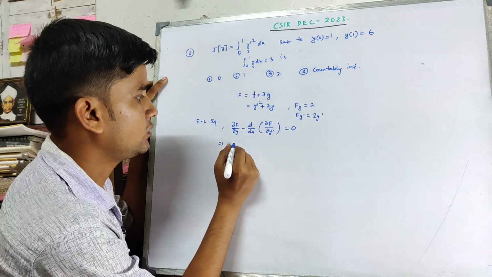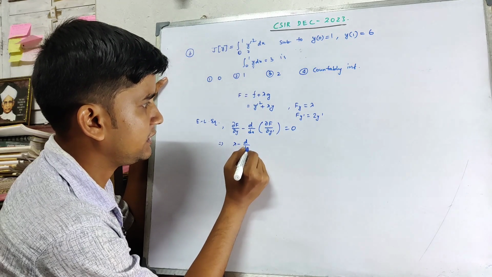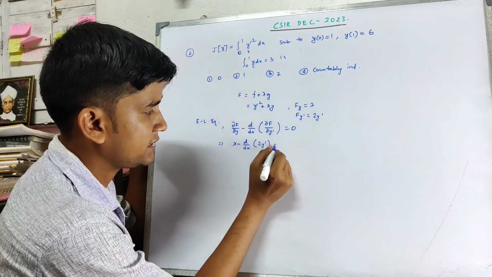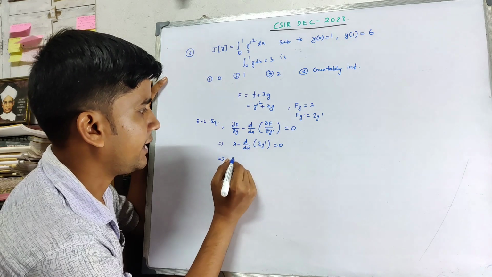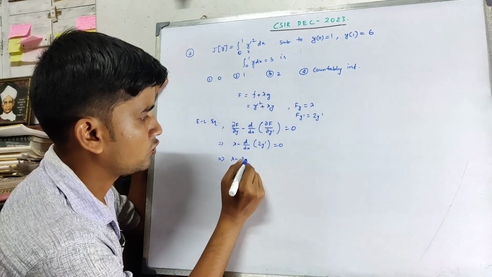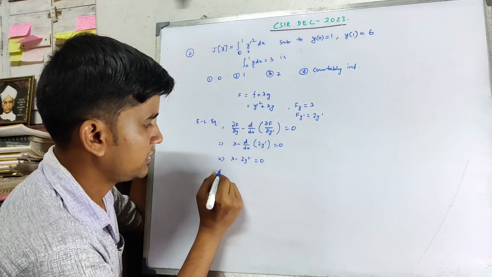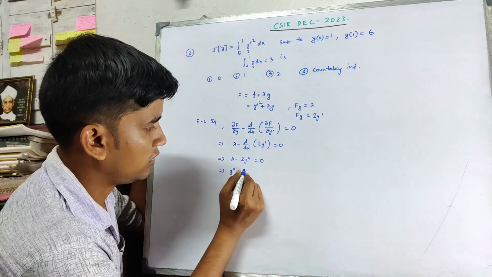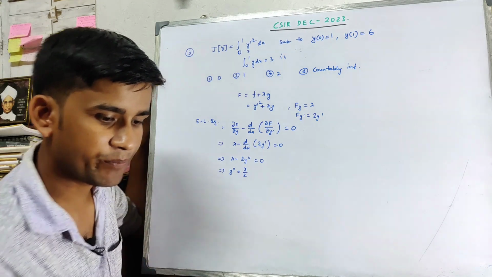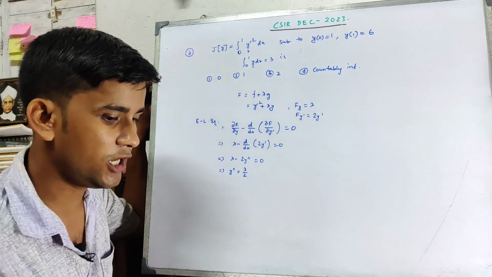So lambda minus d by dx of 2y dash equal to 0, which implies lambda minus 2y double dash equal to 0. This implies y double dash equals lambda by 2.